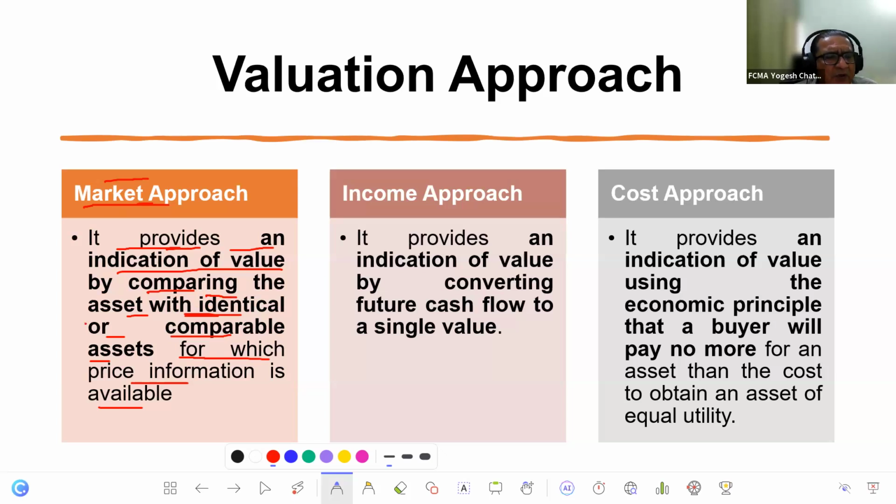So, number one, we need to compare the subject asset, or the target asset, the asset for which we are doing the valuation, with the identical or comparable asset. Not only that, that comparable or identical asset needs to have information about the pricing, the details of price. That needs to be available. So that is the market approach.